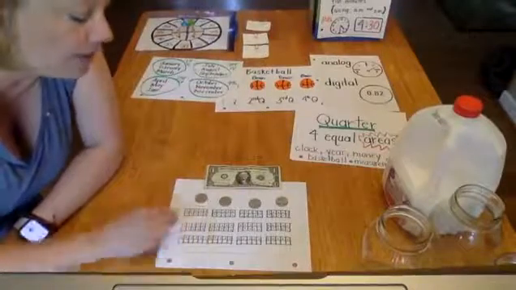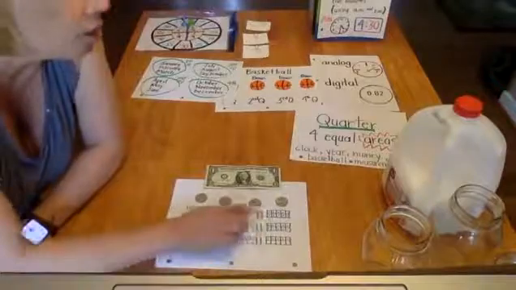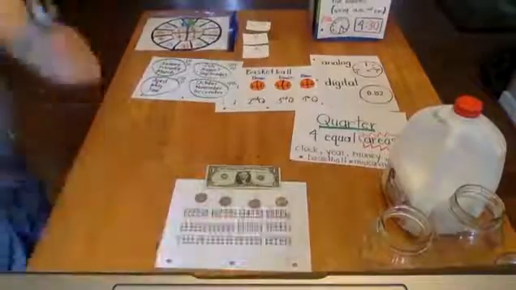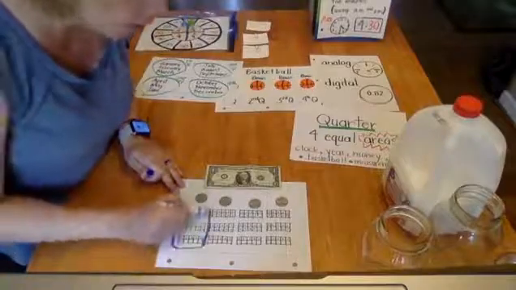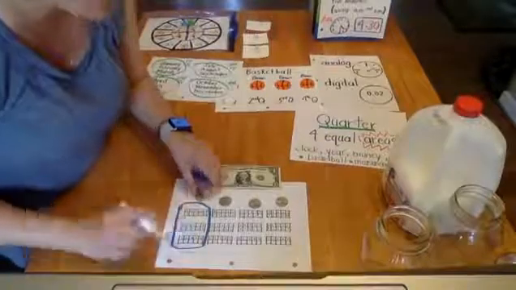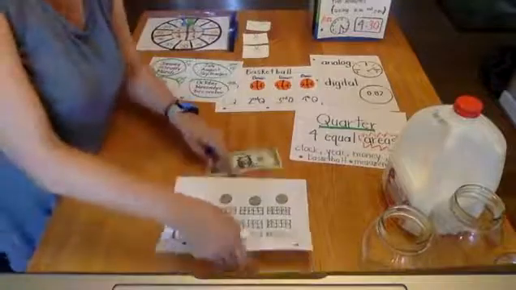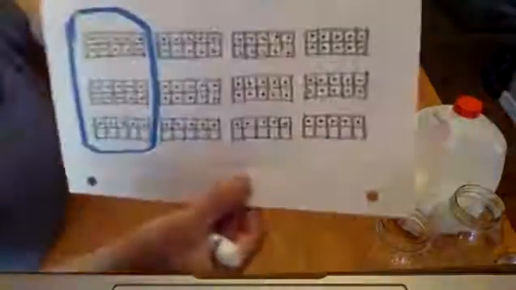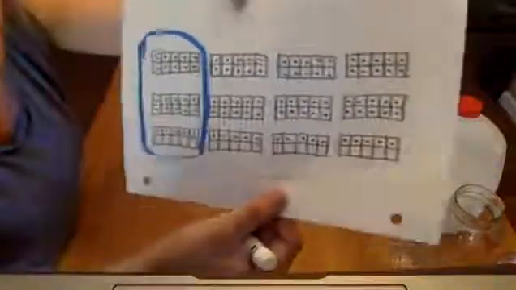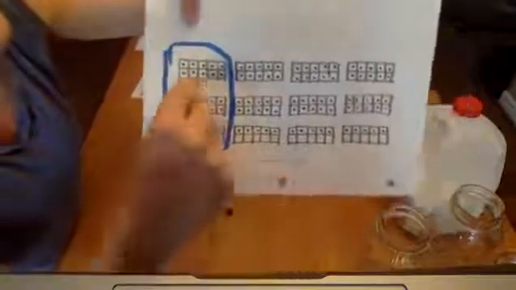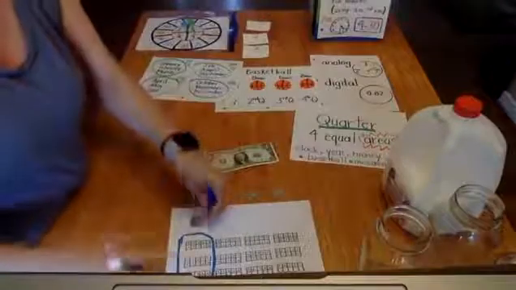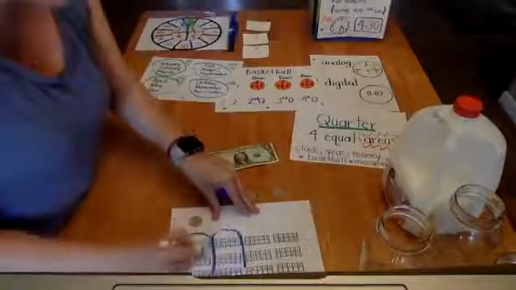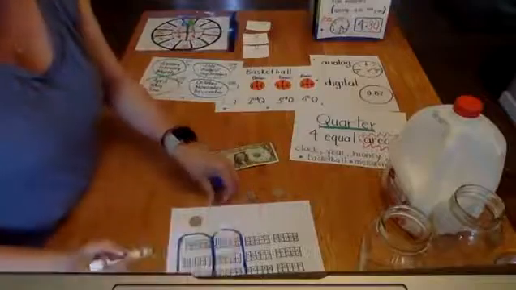So there's 25, 25, 25, 25. Let Miss Street show you. This is a quarter because it's 25 cents. I did my tens frame. So I have 10, 25. That's 1 quarter. Then here we have 10, 25. That's another quarter.